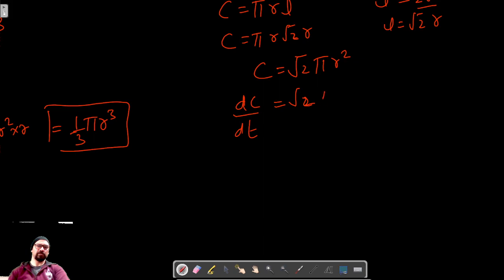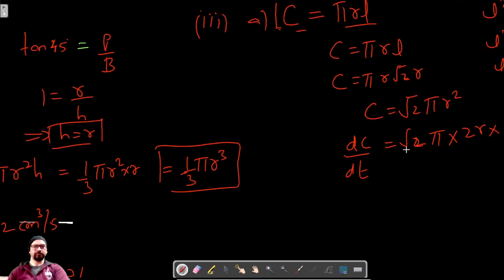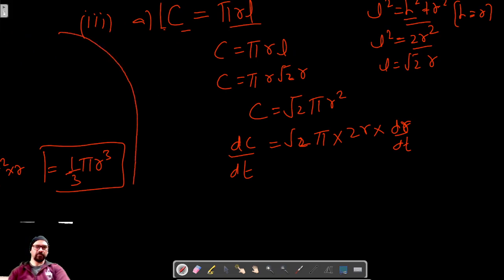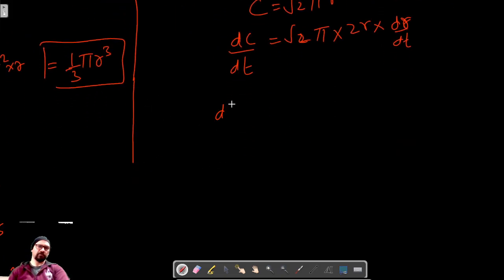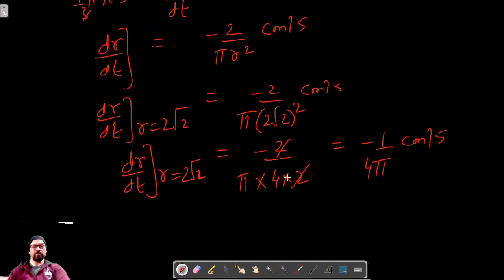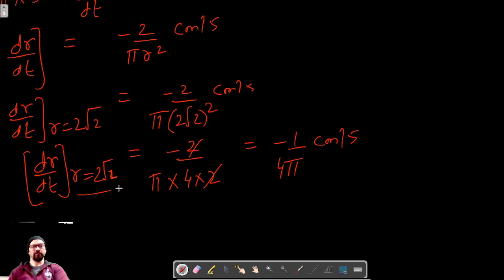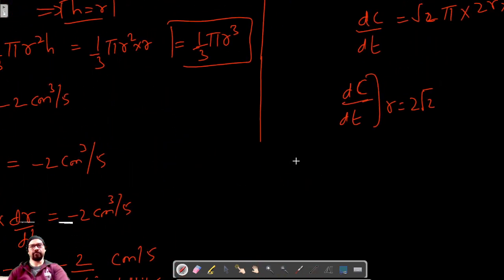So this is differentiation with respect to t, and the derivative of r square is 2r into dr by dt. The curved surface area has to be found when the radius is 2 root 2, as given. When the radius is 2 root 2, we have got that the rate of change of radius with respect to time is minus 1 by 4 pi.